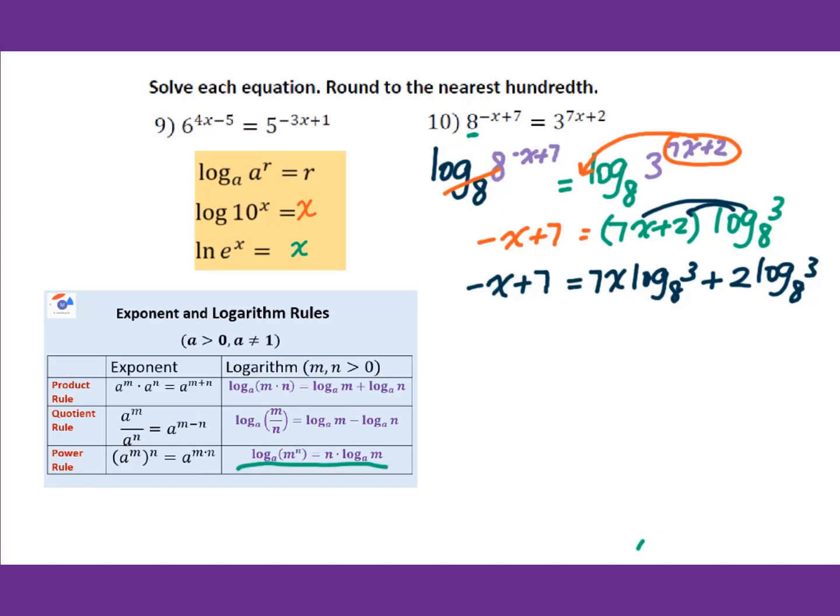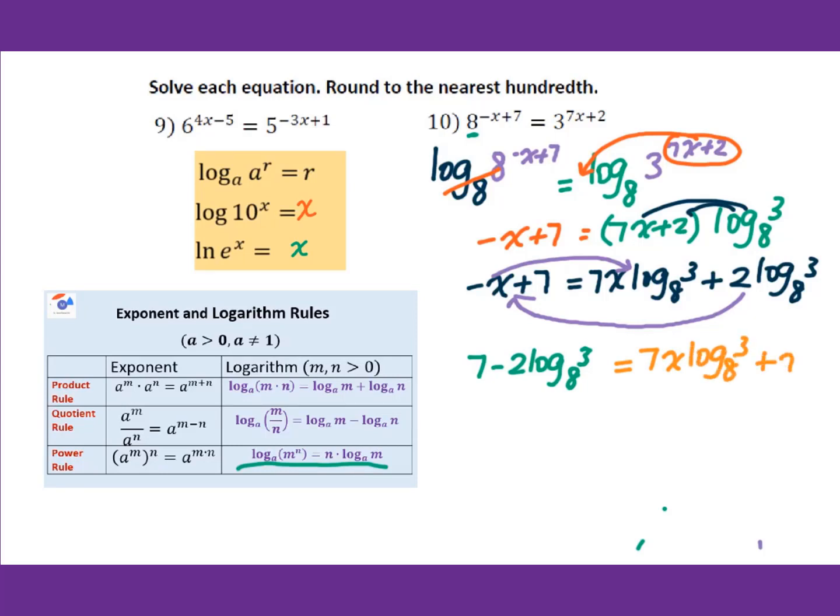Still, this is a linear equation. We put all x on one side. So we move this x over here and this constant number to the left. So we got 7 minus 2 log base 8 of 3 equals 7x log base 8 of 3 plus x.